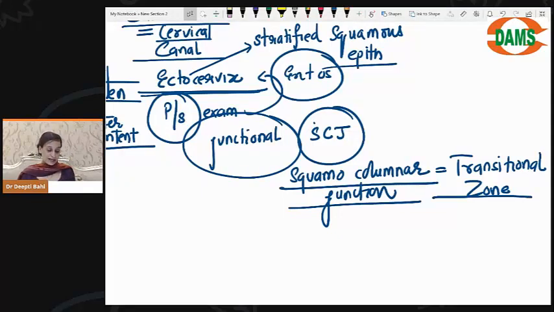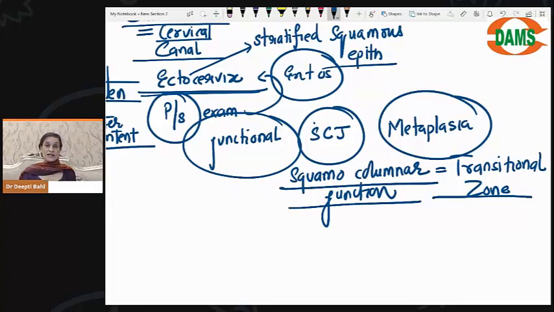This is where the conversion of tissue is happening from one epithelium to another. So who is going to tell me the term in pathology we use when we talk about conversion of epithelium from one form to another? This is metaplasia.